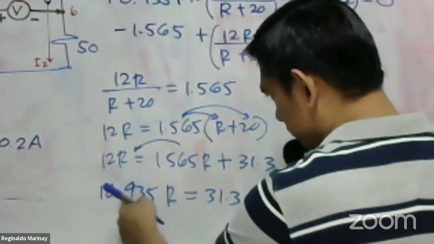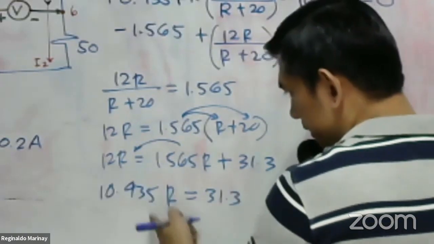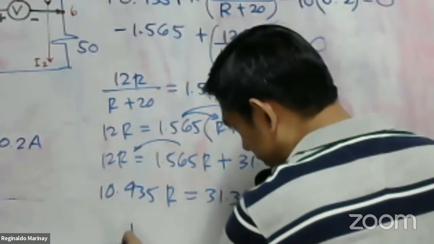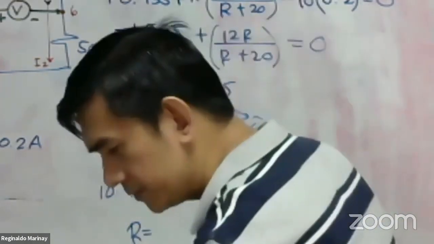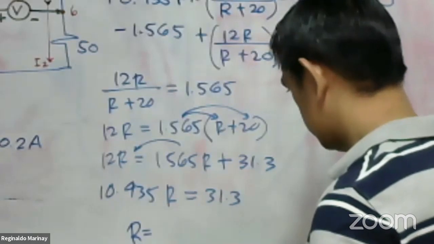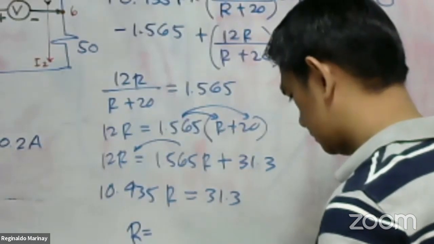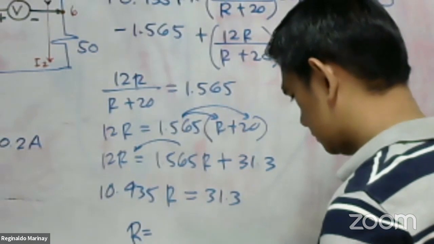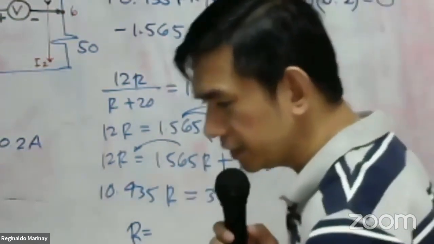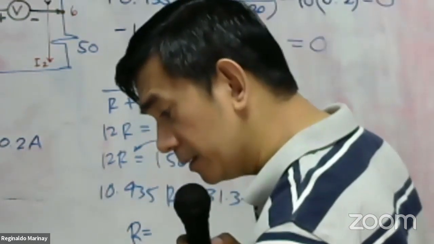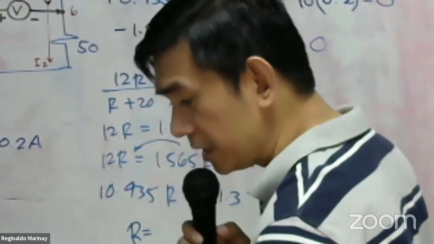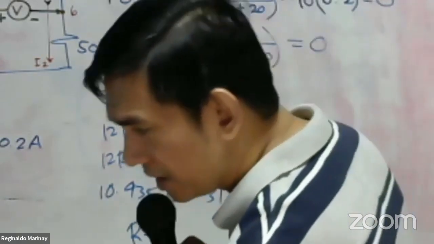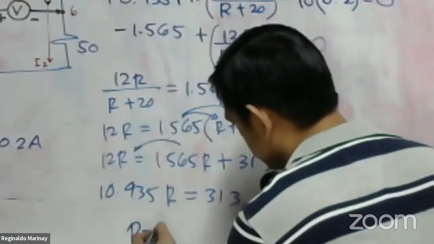So we just have to divide 31.3 by 10.435. Our answer is 2.9950843 or simply 3 ohms.